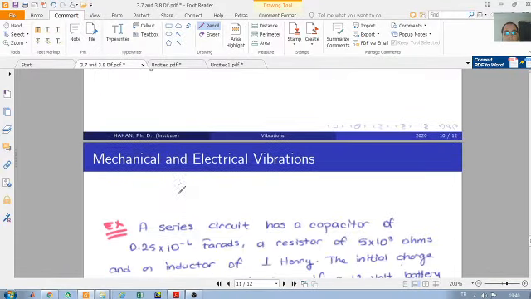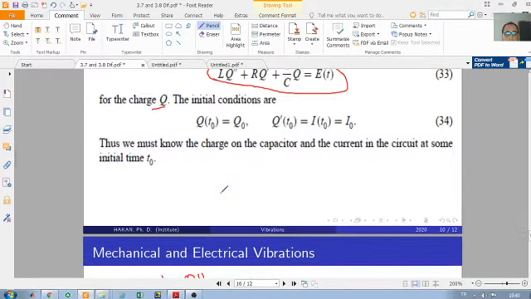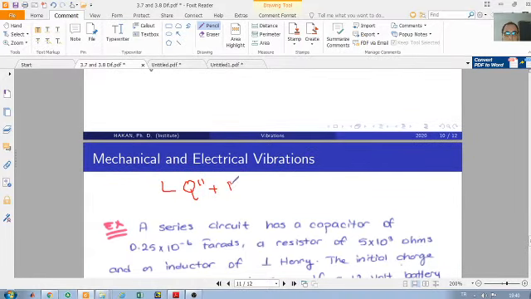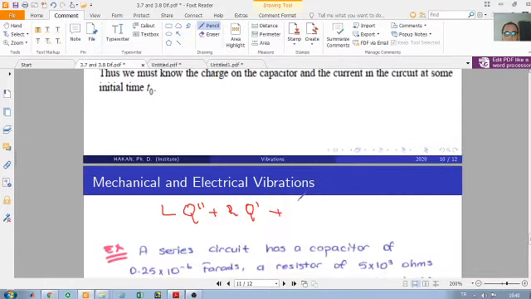Namely, our formula is L times the second derivative of the total charge plus R times Q prime, plus Q over C, where L and R and C are constants, is equal to E of t.